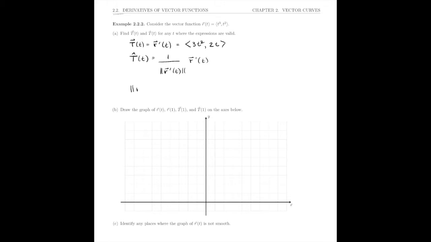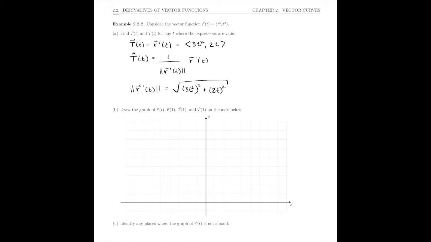So let's calculate that down here first. The length of r prime of t is the norm, the same way you would calculate the norm of a constant vector, so the square root of the sum of the squares of the components. So r prime is 3t squared, not t cubed, that's r. The square root of 3t squared squared plus 2t squared.